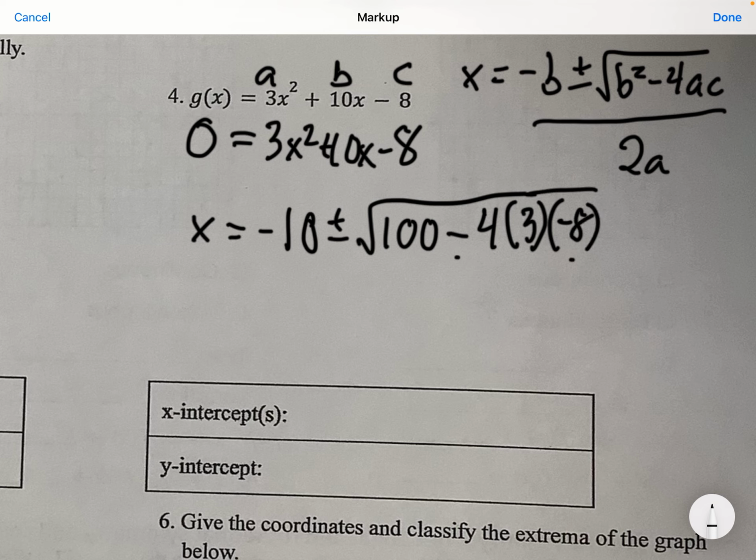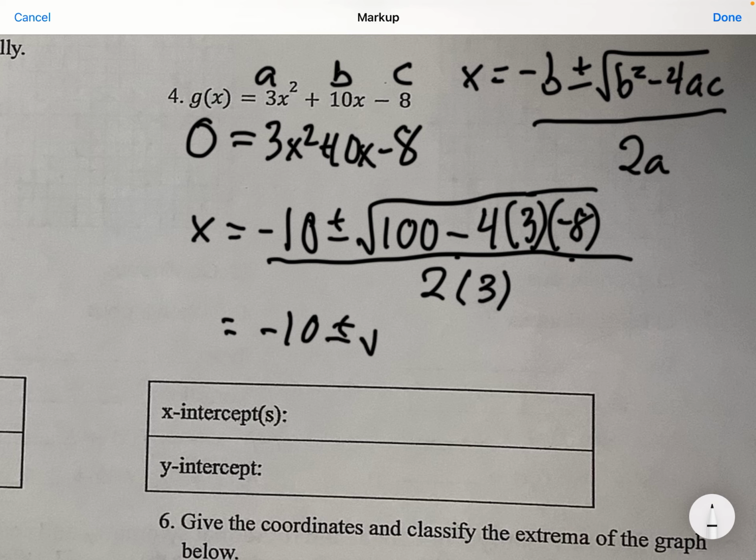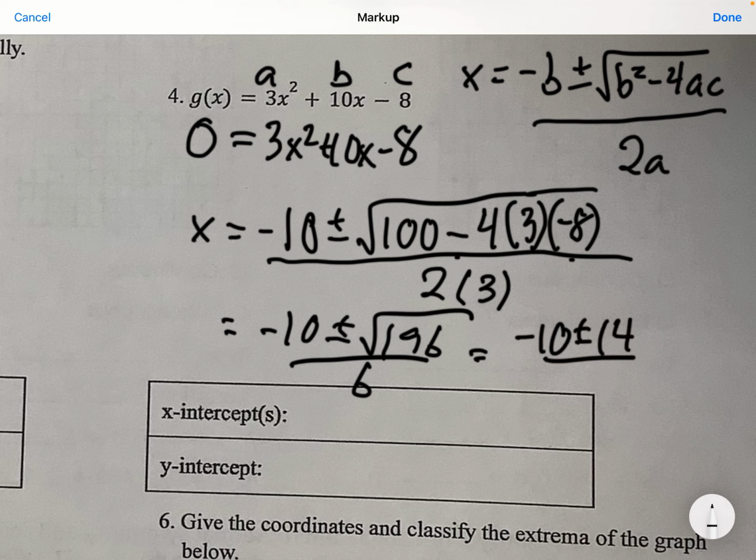Negative times negative is going to end up giving me positive. And that's all over 2 times 3, because it's 2a. Simplifying this down is negative 10 plus or minus the square root of 196 over 6. This is negative 10 plus or minus 14 over 6.